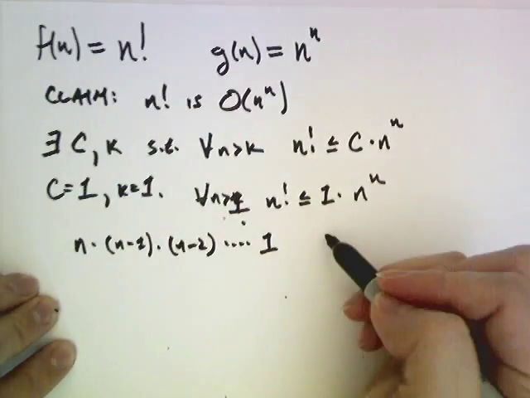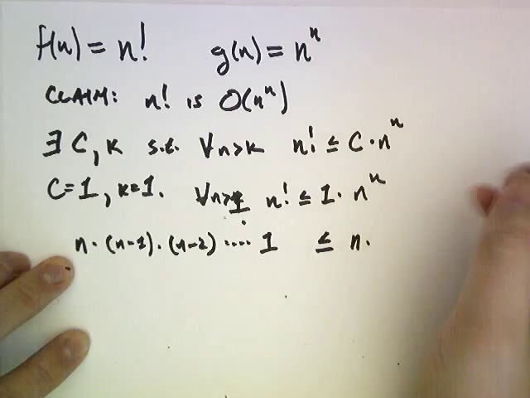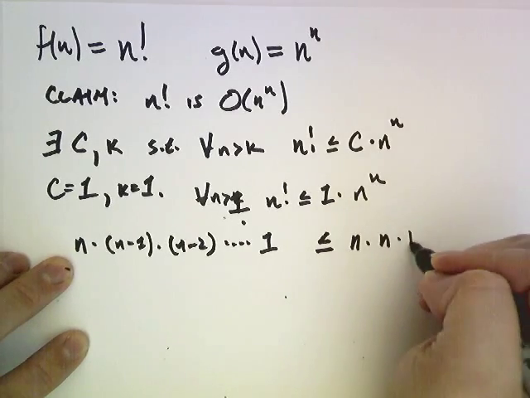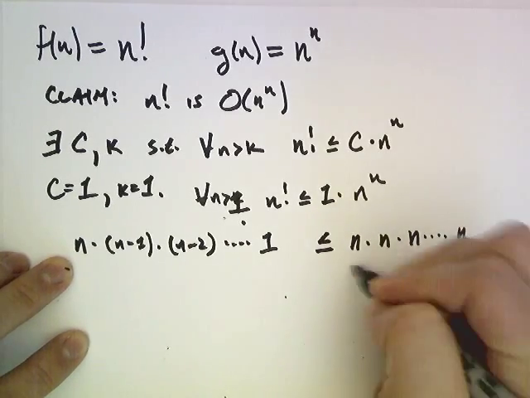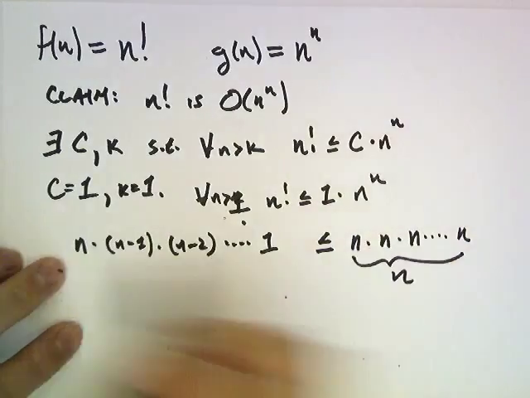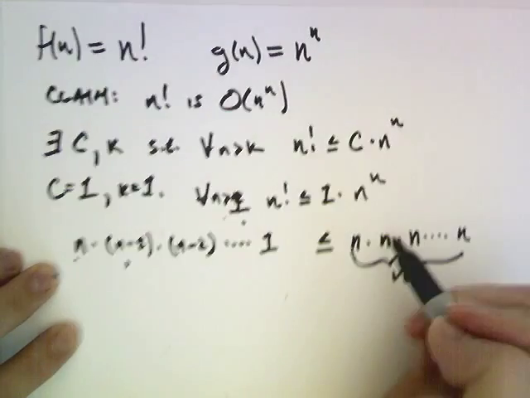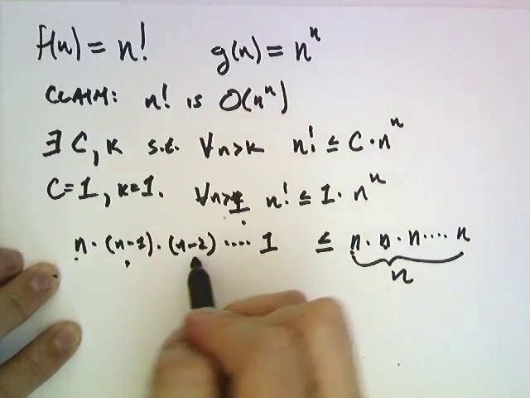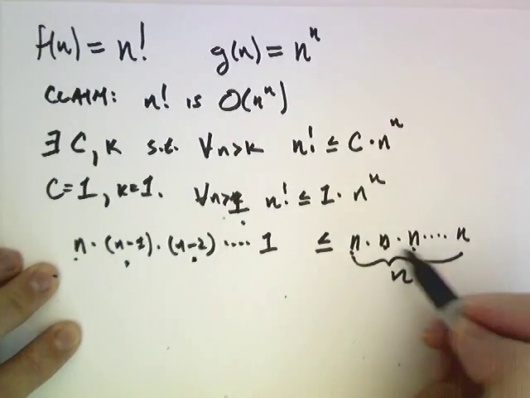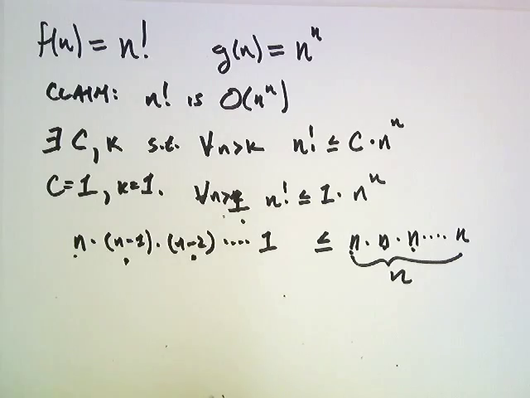And this is certainly less than or equal to n times n times n times n, n times, right? I have n here, and then I have n minus 1 on the left-hand side, but I have n on the right-hand side. I have n minus 2 here, and I have an n. Every term on the right-hand side is greater than or equal to every term on the left-hand side.